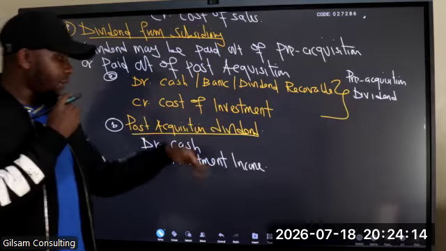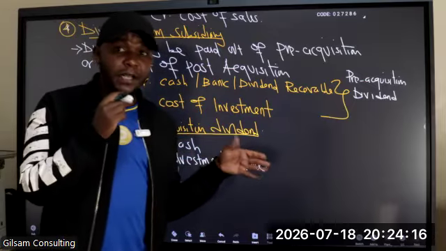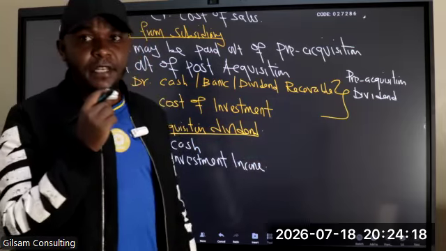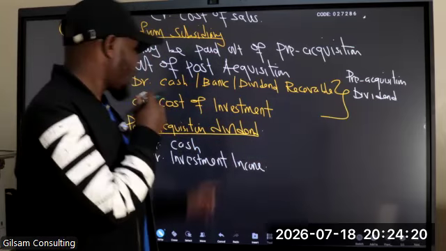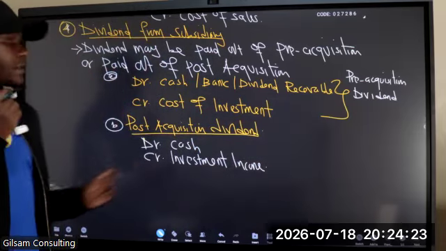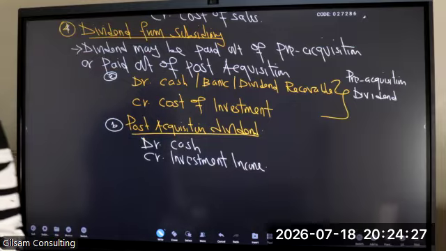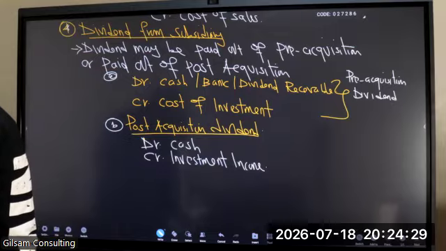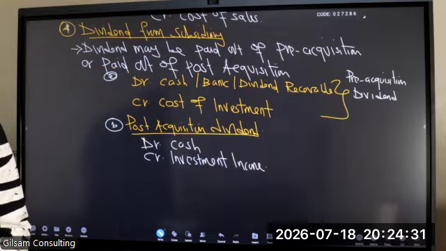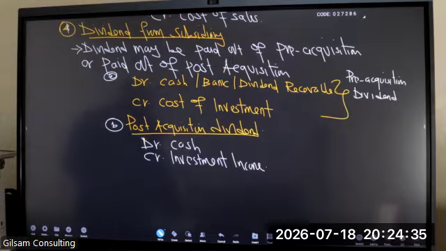But after you acquire, that company now belongs to you, so any dividend goes to the investment income. Those are the basic adjustments which you will not miss in the exam.